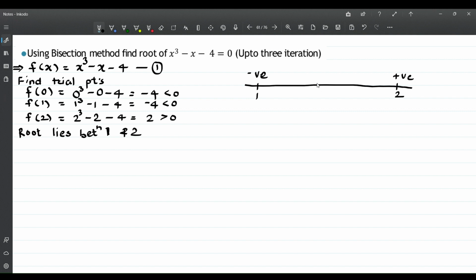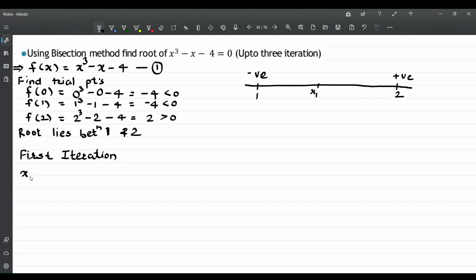Okay, now we have to find the midpoint of this one. Say it as x1. We'll take x1, say it as first iteration.